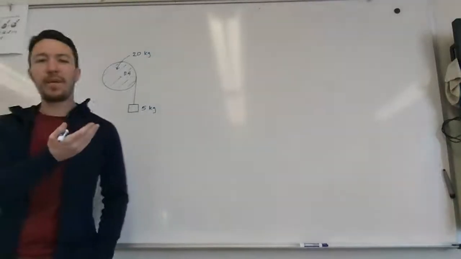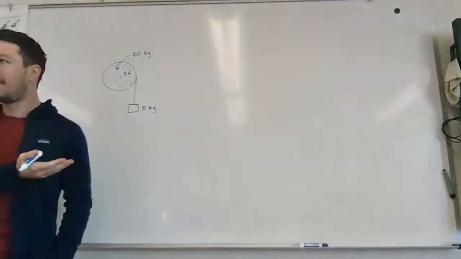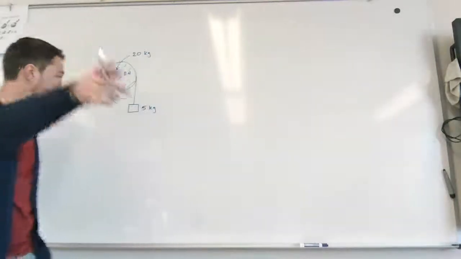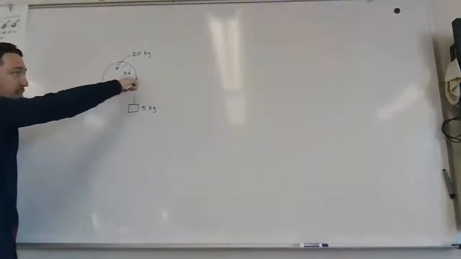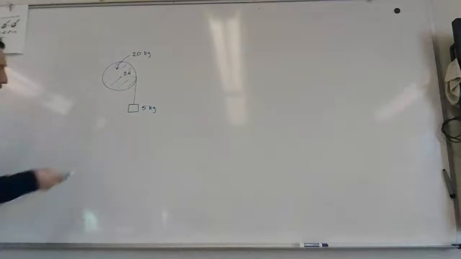Because if the wheel's super lightweight and the block is super heavy, it's like the wheel's not there. But because it's attached, it's going to swing around. I'm kind of curious to see what it would look like. We can make it maybe tomorrow.